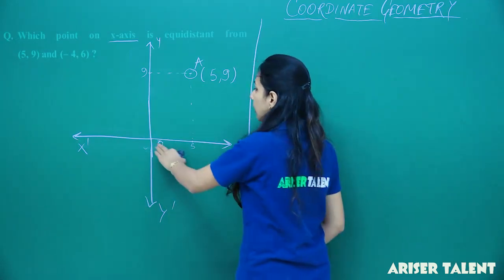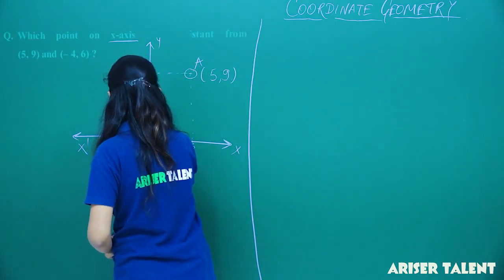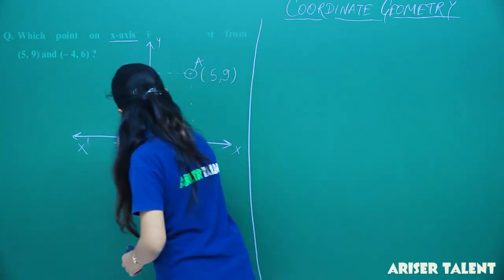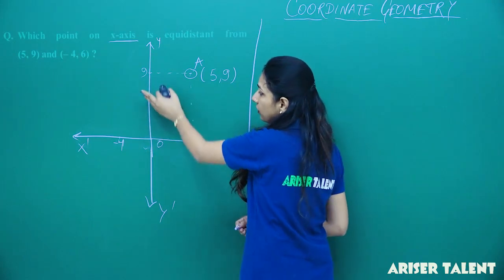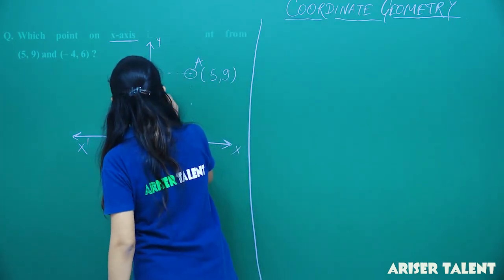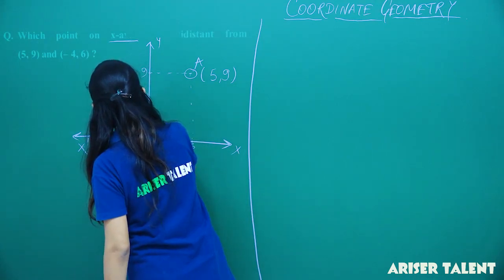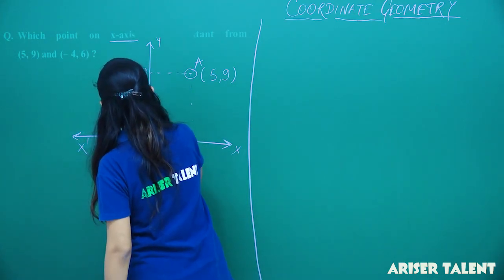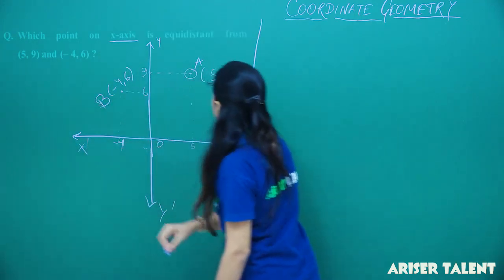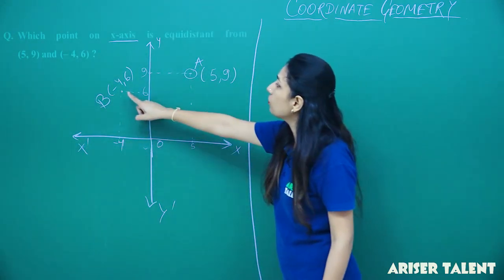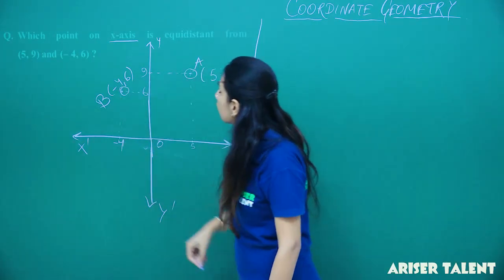Now minus 4 here, so something like here, that will be minus 4, 6. So the y direction is positive. So something here it will be 6, and the intersection will be this point minus 4, 6, and I will name it B. So there are these 2 points A and B. This is point A and this is point B.